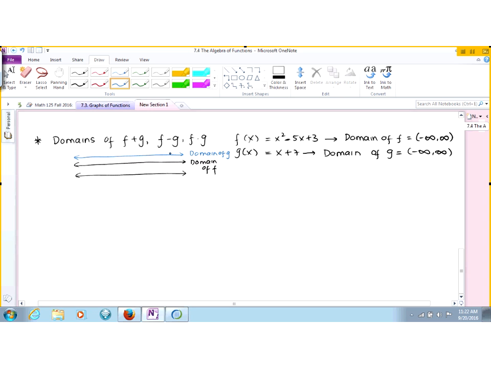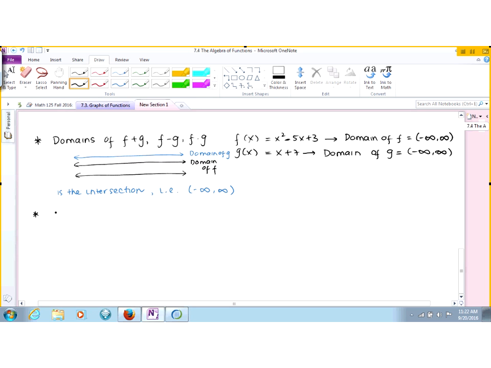Yeah, all the real numbers, right? So the domain of f plus g, f minus g is the intersection, which is negative infinity to infinity. So it's everything. Why? Because all these points here have two lines on top. So it means they're both a member of the domain of f and a member of the domain of g. Right?